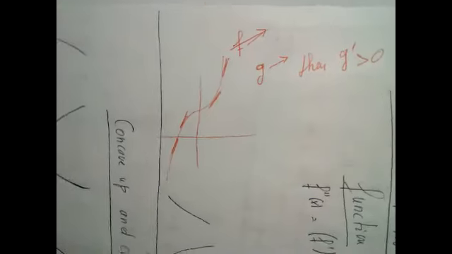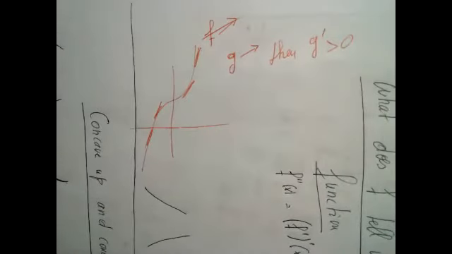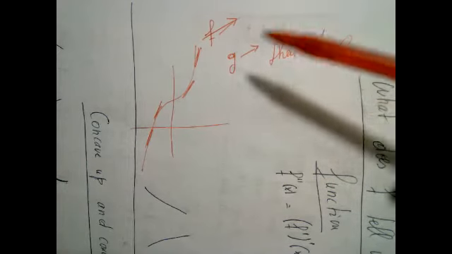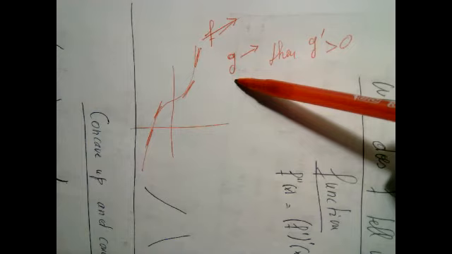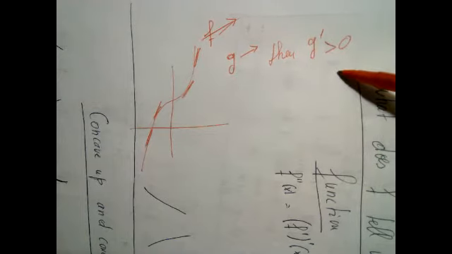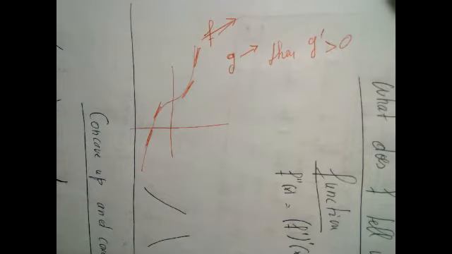Why didn't you tell me, when I put this in front of you, that g prime is increasing here? I asked you if g is increasing. Why did you tell me g prime is only positive? Why didn't you tell me g prime is increasing? You only told me g prime is positive.